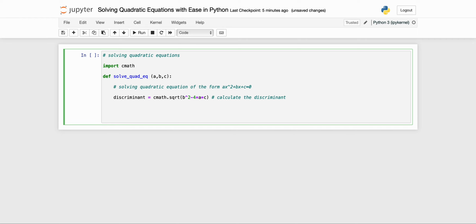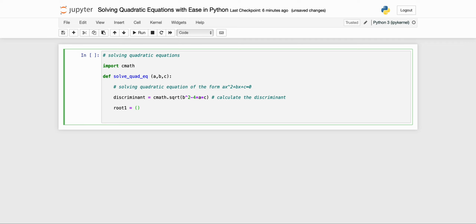From there, we are going to calculate two roots. Remember, in the quadratic formula we have plus and minus, so you have the positive and the negative root. Let's call it root1, which is going to be negative b plus or minus the square root of b squared minus 4ac, divided by 2a.